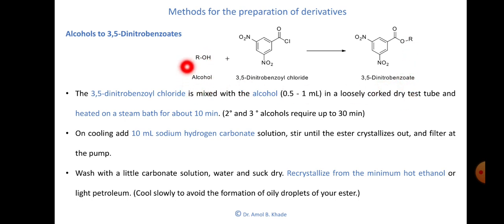So whatever alcohol you have, whether it is primary, secondary or tertiary, the corresponding alcohol derivative in the form of 3,5-dinitrobenzoate will be formed, and this will have a very sharp melting point because it is a solid compound and you can recrystallize it, and because of that it will help you to identify the given unknown compound.